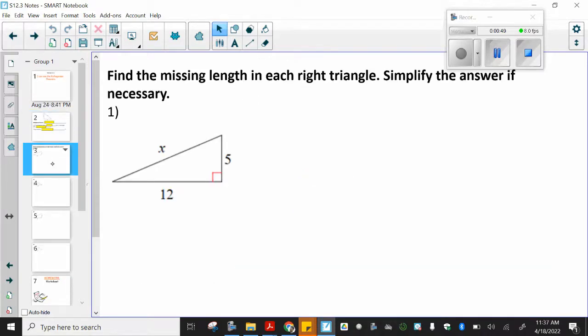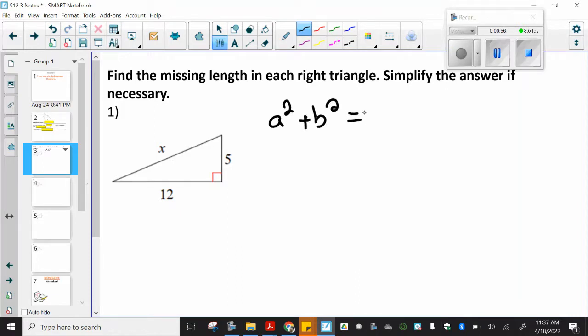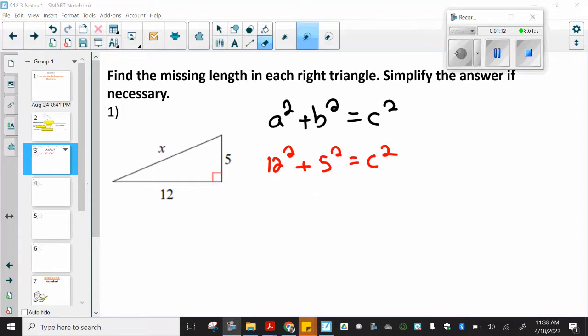Let's do some. So, a squared plus b squared equals c squared. Let's say a is 12 and b is 5. So we're going to say 12 squared plus 5 squared equals c squared. Let's take out our c and plug in our letter x.